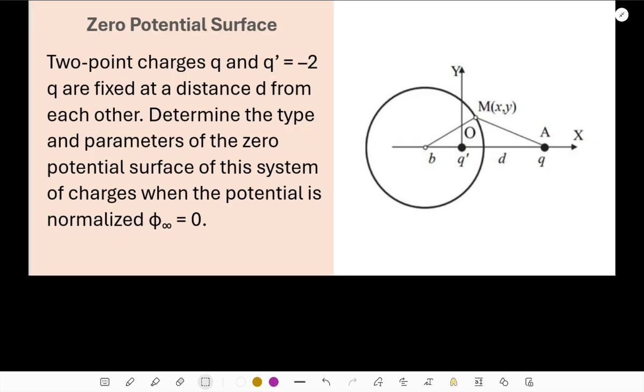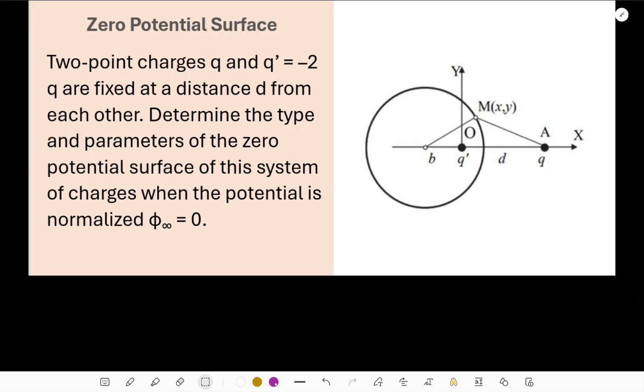The problem is: two point charges q and q dash, where q dash is equal to minus 2q, are fixed at a distance d from each other. Determine the type and parameters of the zero potential surface of this system of charges, when the potential is normalized such that phi at infinity is equal to 0.